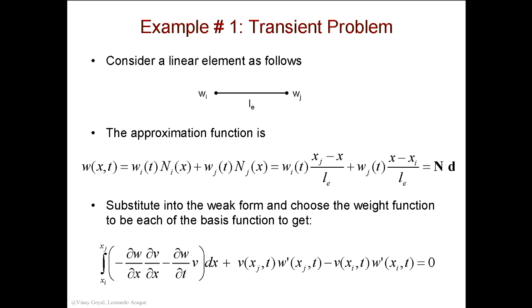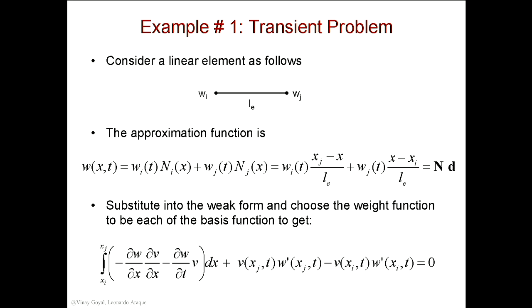If at x equals xj, I'm at this end. If I put in xj, what do I get? This is 0. I put xj here. xj minus xi is the length of the element, so I get Le over Le, that's 1. Therefore, w(x,t), which is a function of time, at this boundary is wj(t).